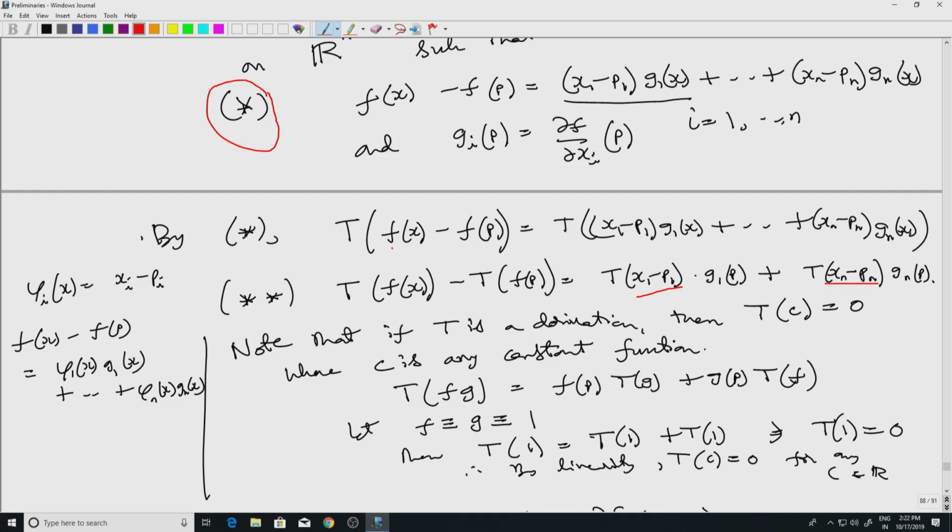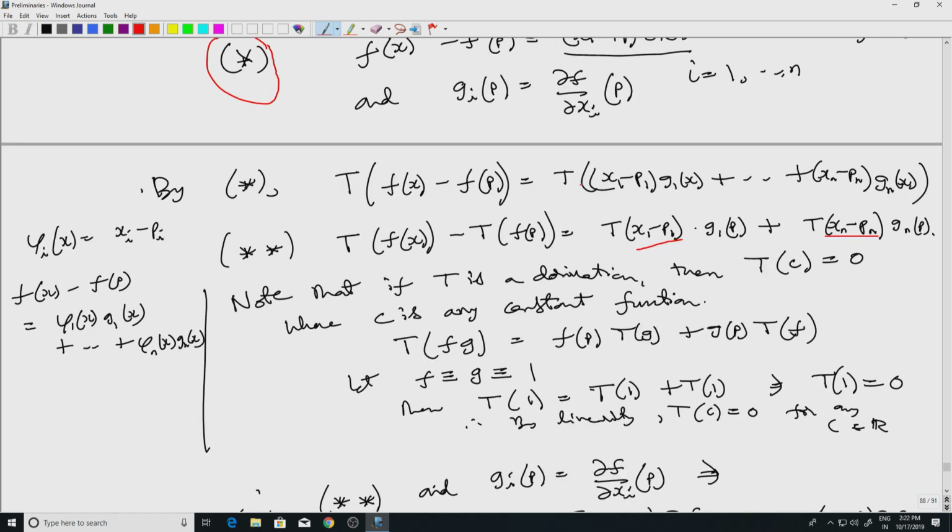So now using linearity, I'll get two terms on the left side, where this f(p) is regarded as a constant function. It's a constant map. So this minus this, and here I'll get n terms when I use the sum. Then I'll be using the Leibniz rule on each of these n terms. As I wrote on the left side, I have a product.